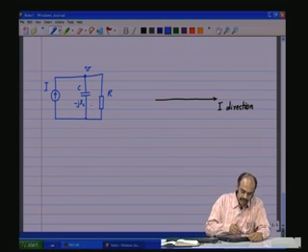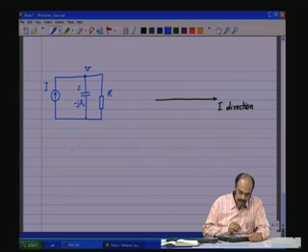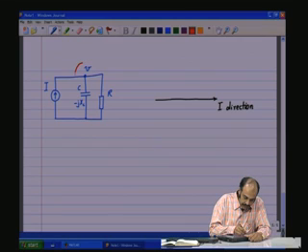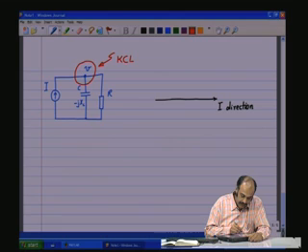Now, let us come back and just see how it reflects here. Let us have a look at KCL that we want to apply here. We want to apply KCL. To the loop we apply KVL.